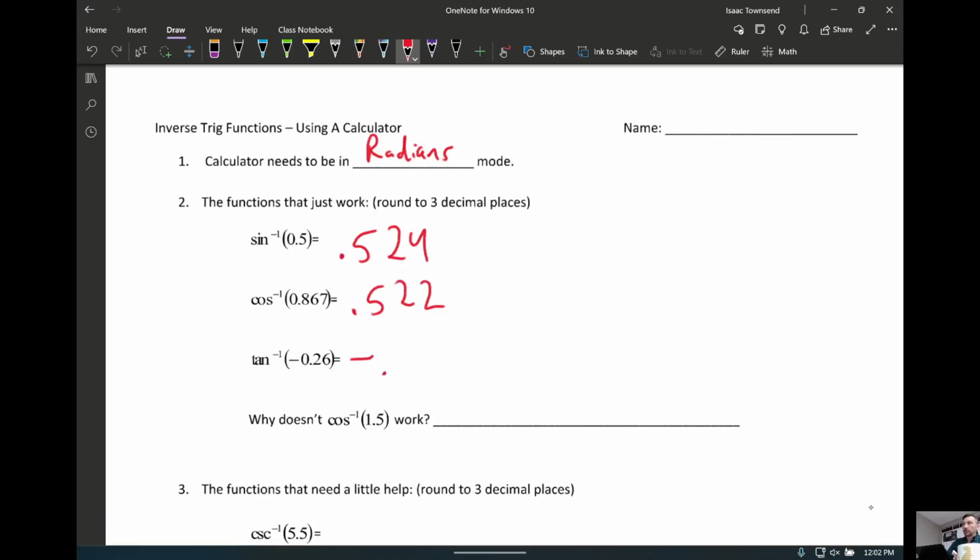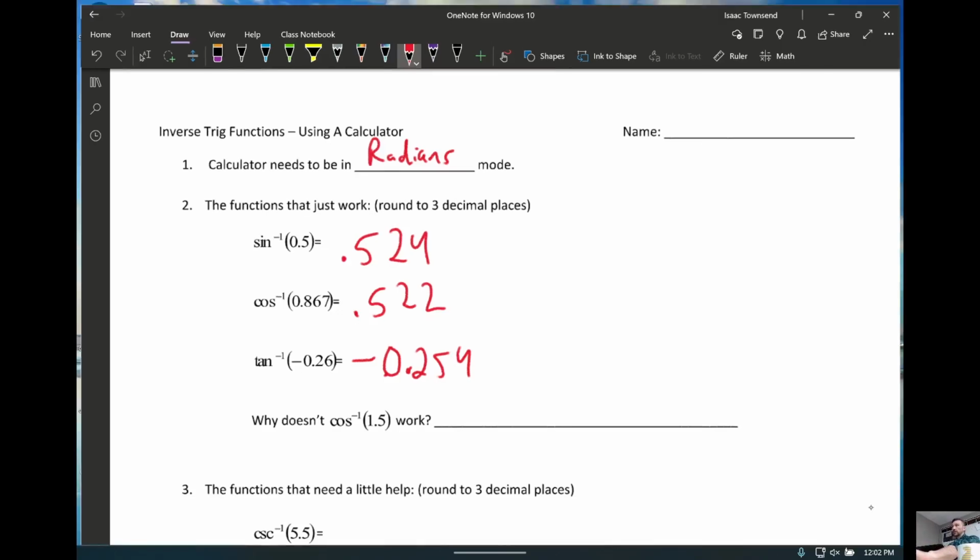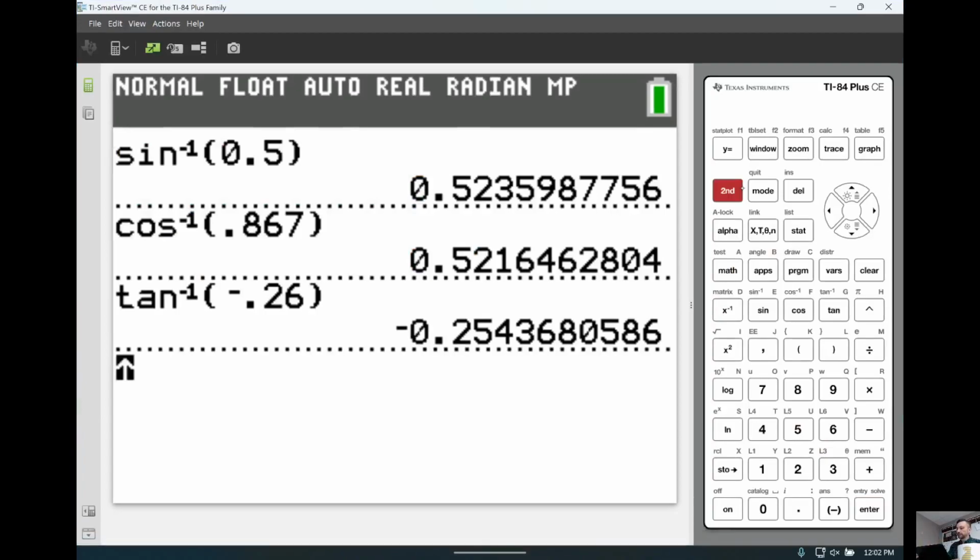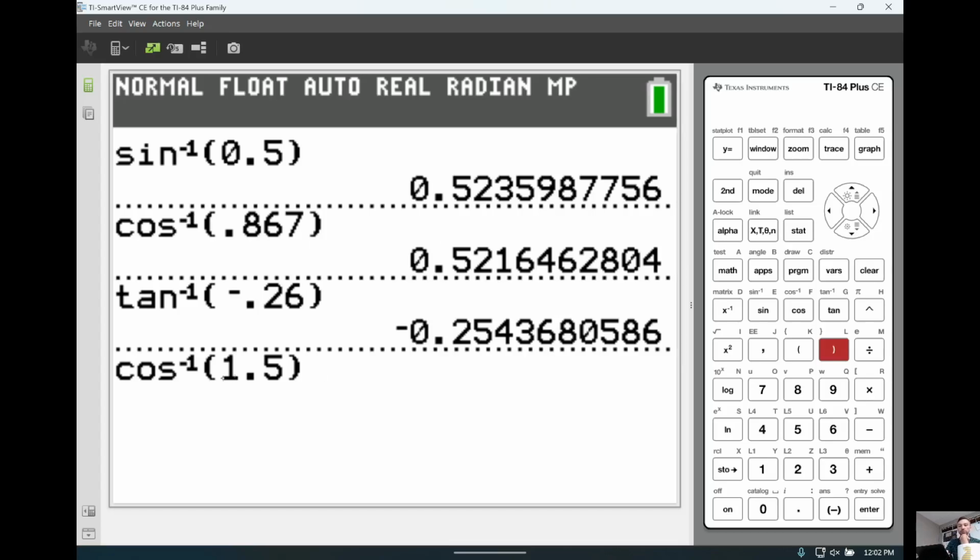If they were all this straightforward, we wouldn't need to do this handout. So some of these are going to be a little more complicated. The last one, inverse cosine of 1.5. So I'm about to hit enter on my calculator on this. What's wrong with this?